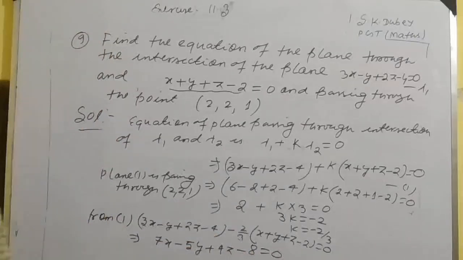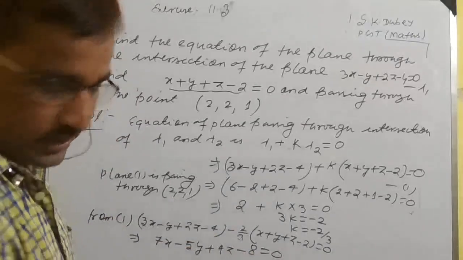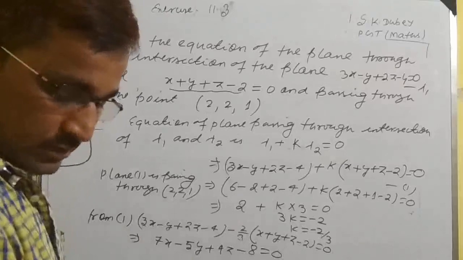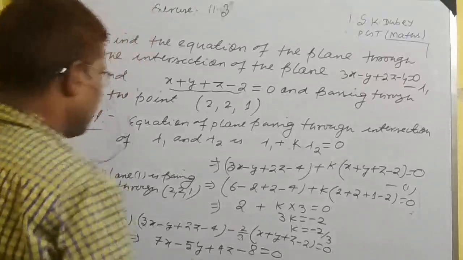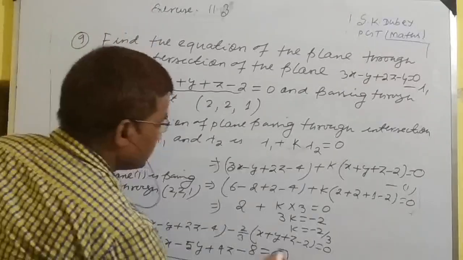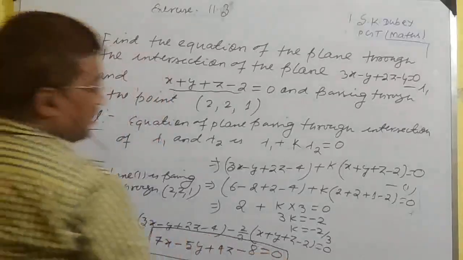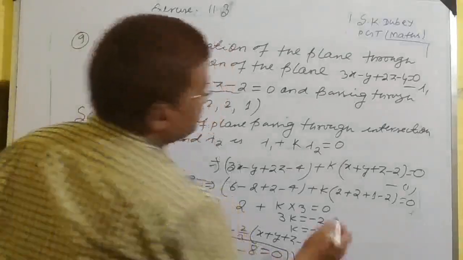And this is the required equation of the plane: 7x minus 5y plus 4z minus 8 is equal to 0.